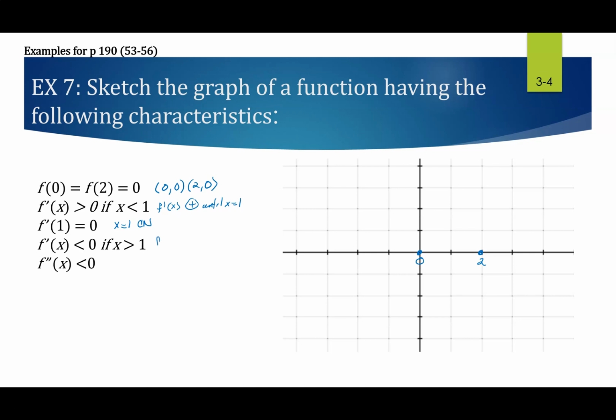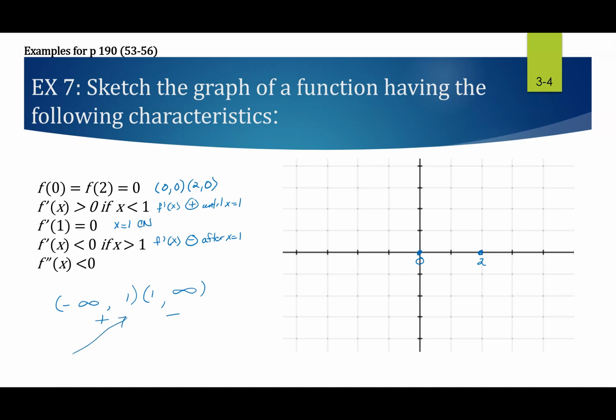So now they're showing you the change in your slope. So f prime of x is negative after x equals 1. So let's put this in interval notation below. I know from negative infinity to 1, f prime of x is positive. And then from 1 until infinity, f prime of x is negative.